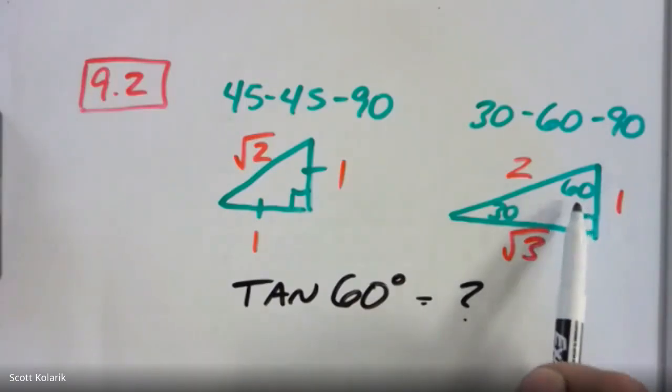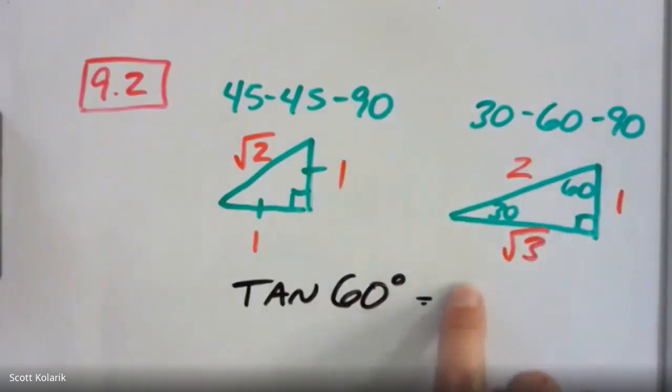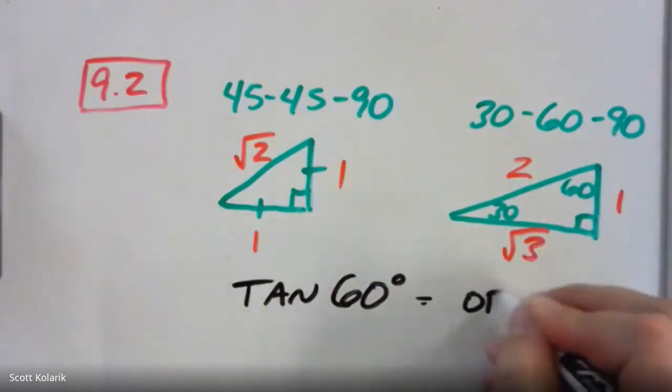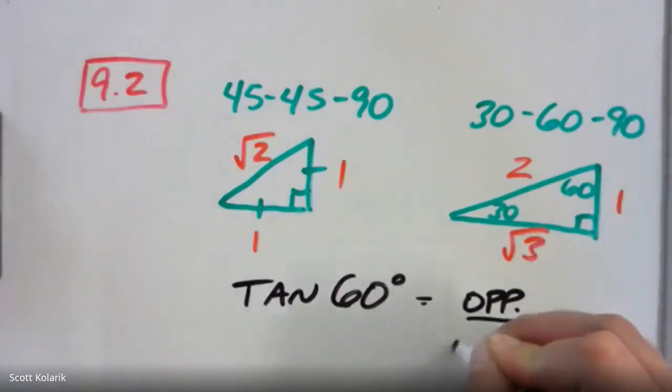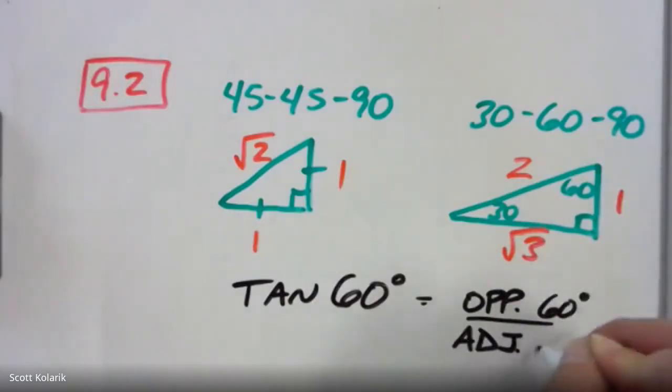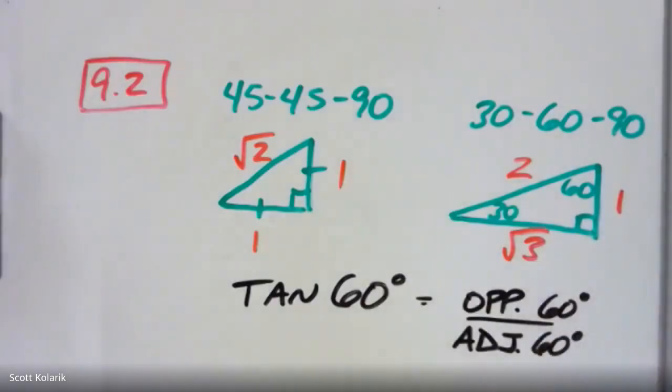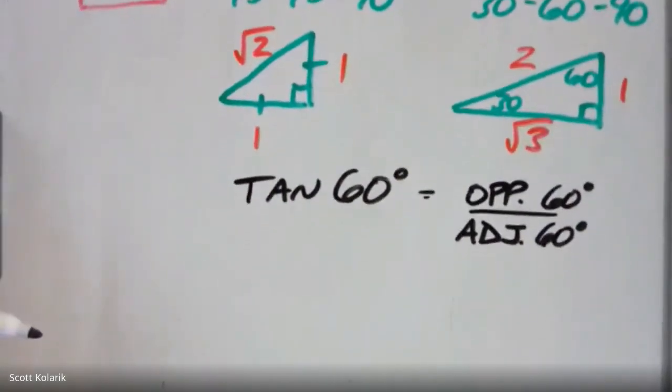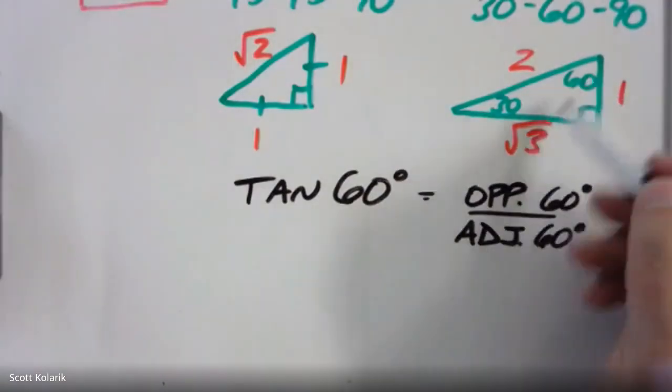The tangent of 60 degrees is still going to have to be opposite over adjacent, opposite whatever is 60 degrees, and then whatever is adjacent to 60 degrees. It's just that now I'm using these 3 ratios for those values. And so what is opposite the 60 degrees here?